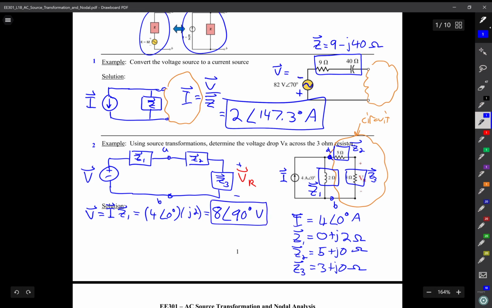So that's V. But now I see that I have 3 impedances in series, and I want to find the voltage across one of them, Z3. So I can use voltage divider rule to find it.